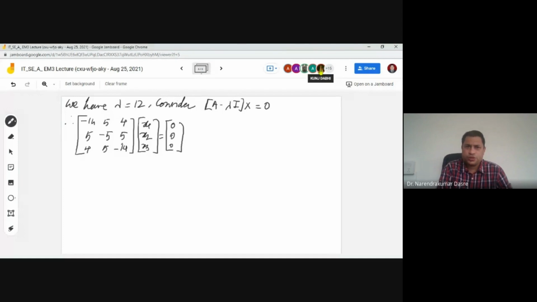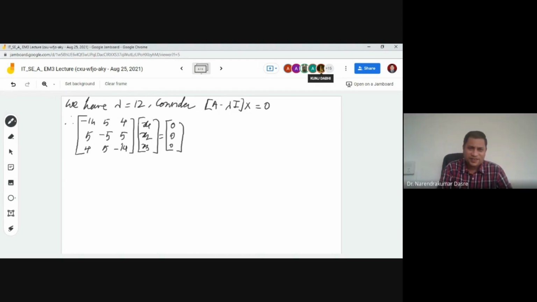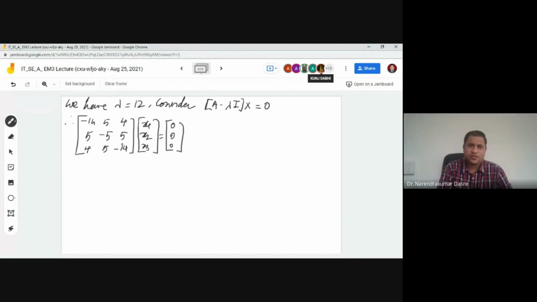Kunj, how many distinct equations do we have? 2 or 3, be sure. Sir, 2. 2 equations. Which 2 do you want to consider? Second and third.